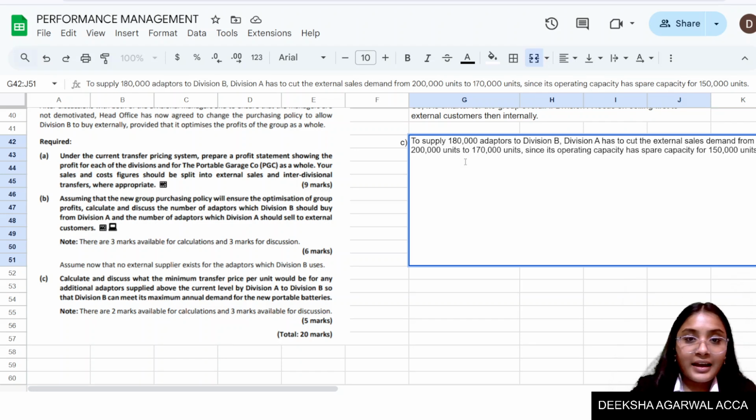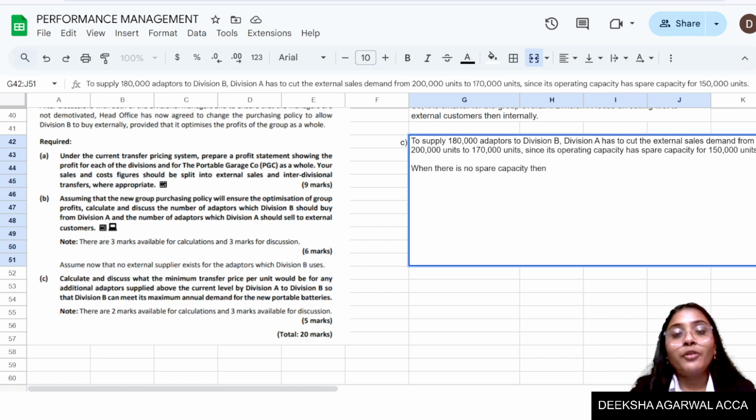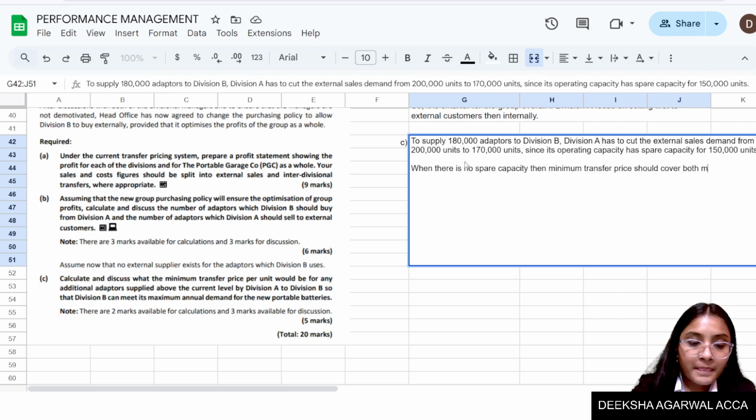Correct. And when there is no spare capacity, then the minimum transfer price should cover what? Both marginal cost and opportunity cost.